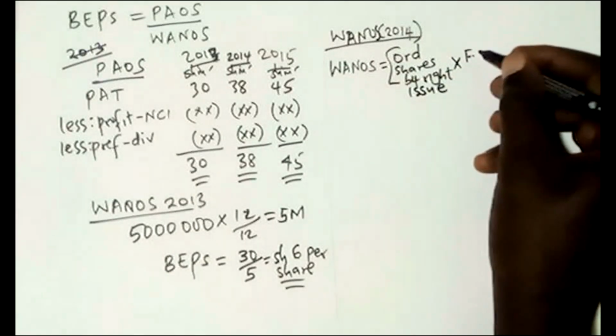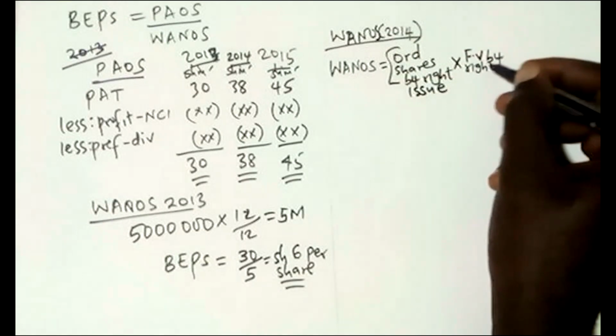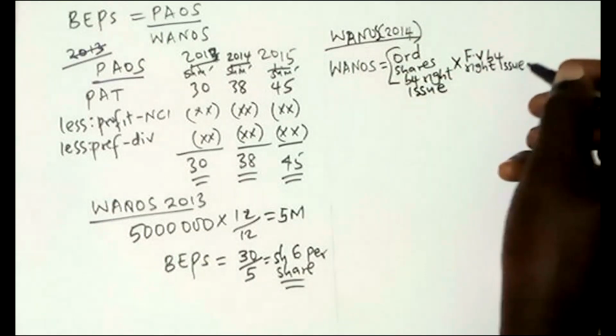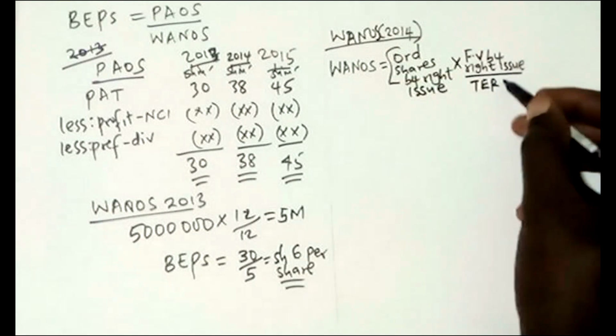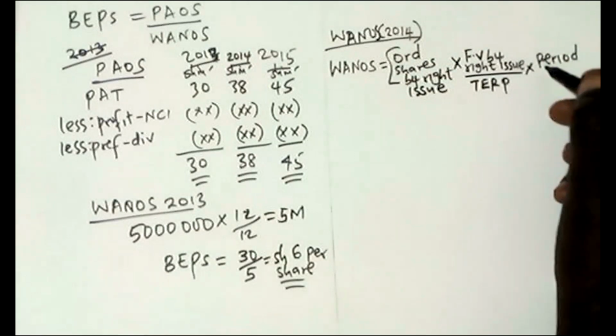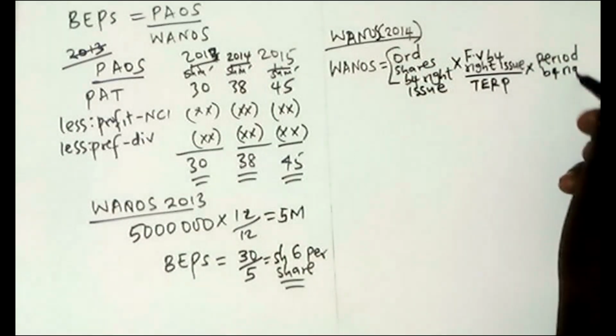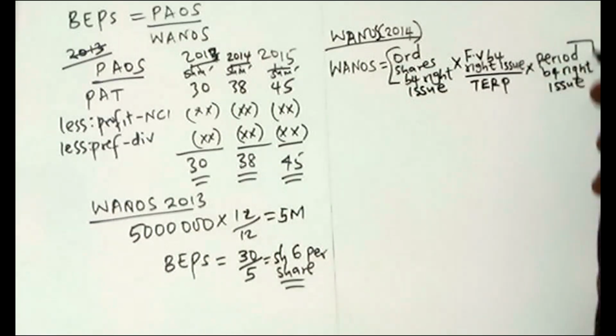times the fair value before the rights issue, you divide with the theoretical ex-rights price. You multiply with the period before the rights issue.